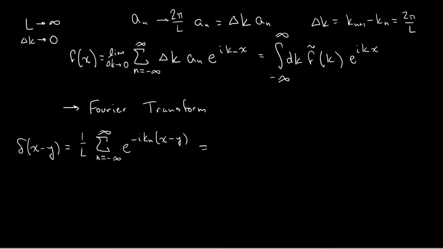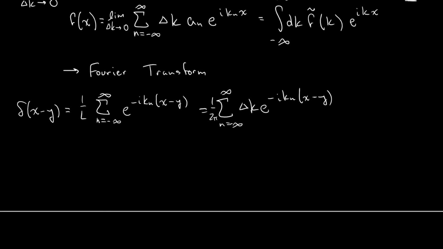So here I can write this, just rewriting L, as 1 over 2 pi, sum over n from minus infinity to infinity of delta k, e to the minus i k sub n times x minus y. Right, so I just used this relation here to rewrite 1 over L in terms of delta k.